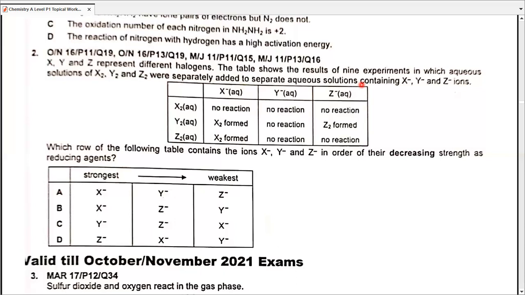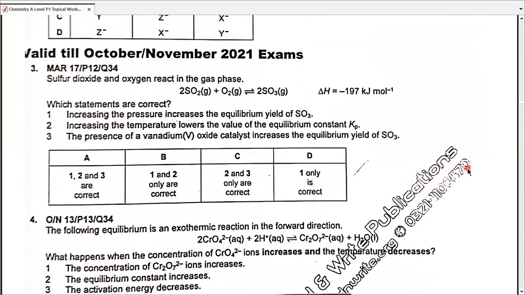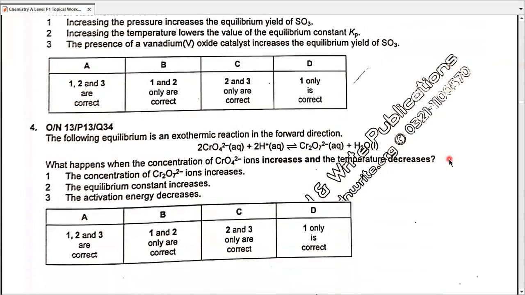Beta. Perfect. Okay, 3. 3 is too easy. Get it. 4.